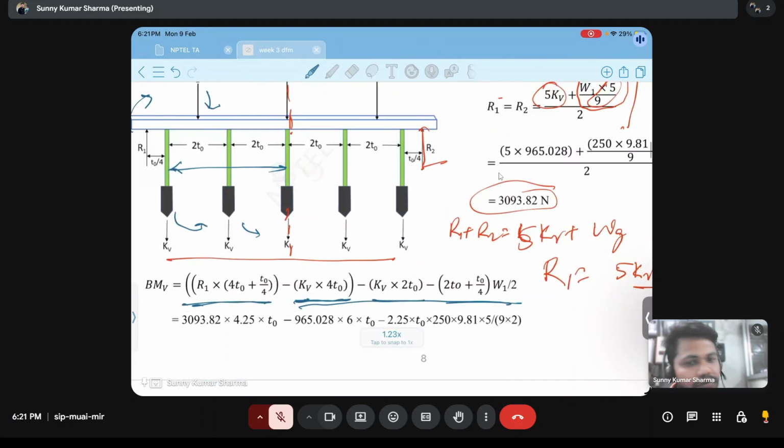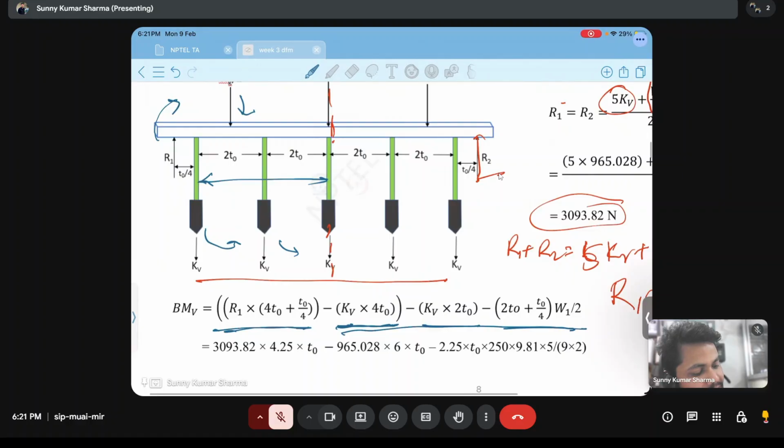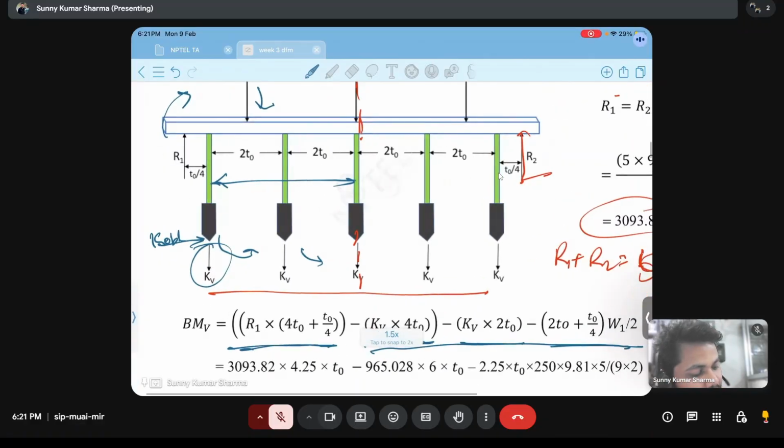Now we will see whether there is any torsion moment acting on this frame. We can see that this is kV and there is also kh force that we are using as KOBL with factor of safety. So KOBL is trying to twist this frame.